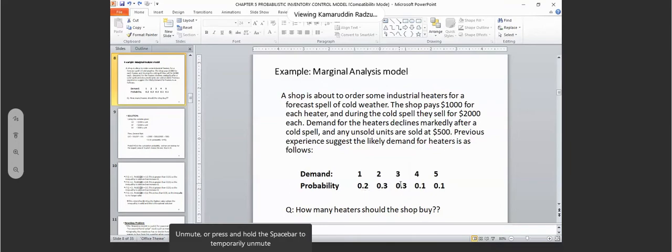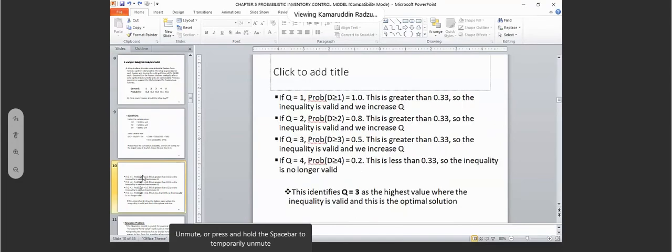So we only include the probability of demand 3 and more, where 0.3 plus 0.1 and 0.1. So we have here for the Q equal to 3, the probability will be 0.5. So this is how we get the probability for each of the quantity order.